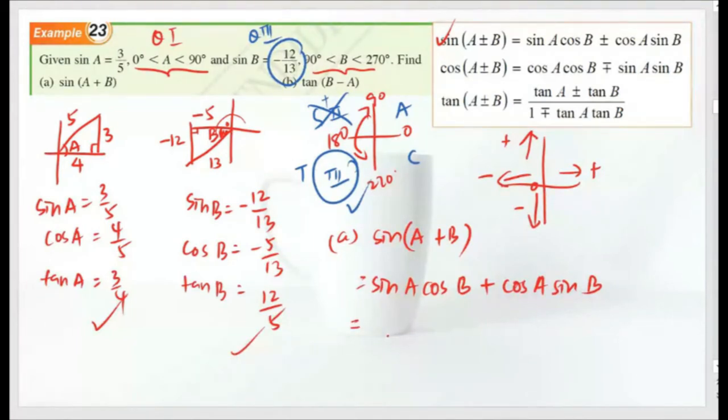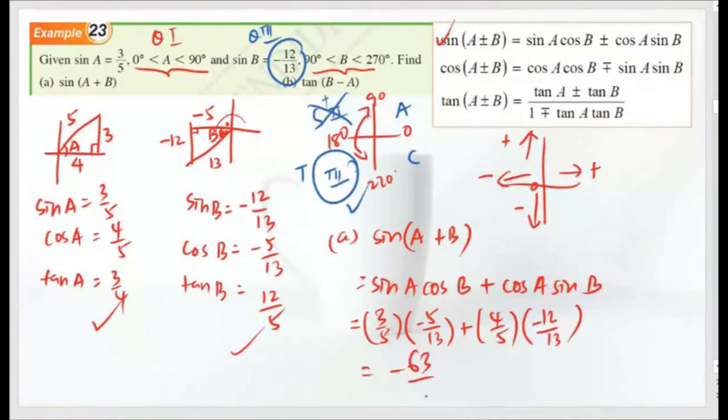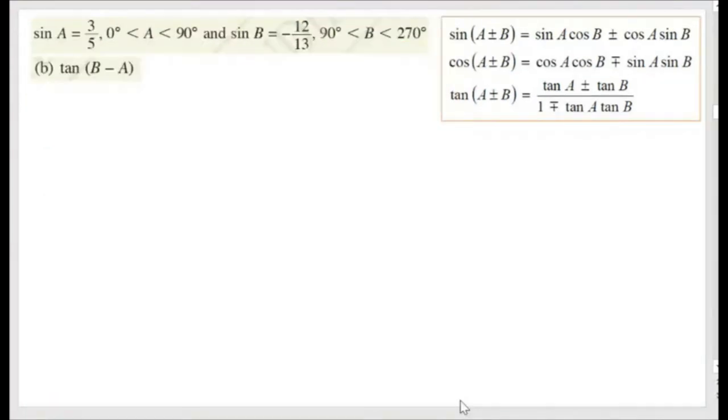Sine A, 3/5, times cos B, negative 5/13, plus cos A, 4/5, times sine B, negative 12/13. So the answer is negative 63/65. Okay, another question.